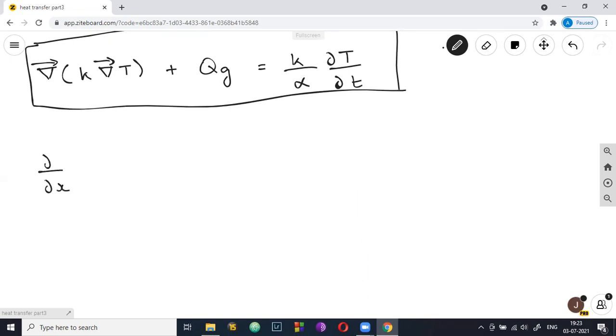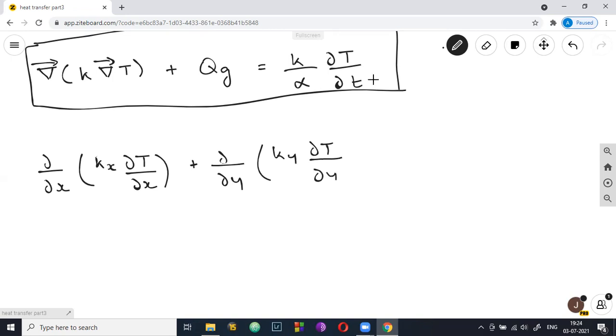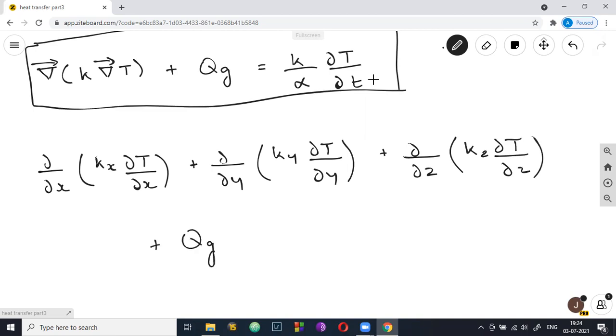Dou by dou x into kx dou T by dou x plus dou by dou y into ky dou T by dou y plus dou by dou z into kz dou T by dou z plus qg is equal to k by alpha dou T by dou small t.